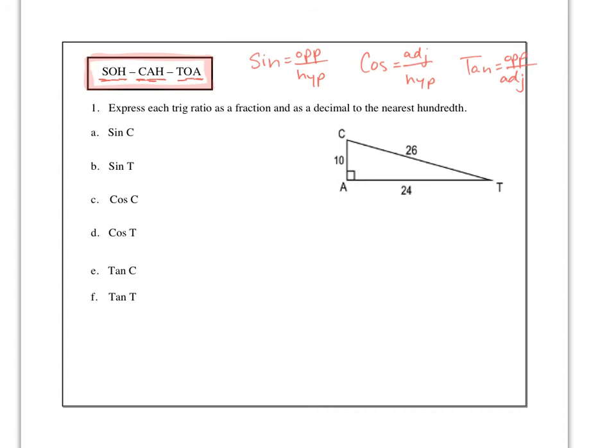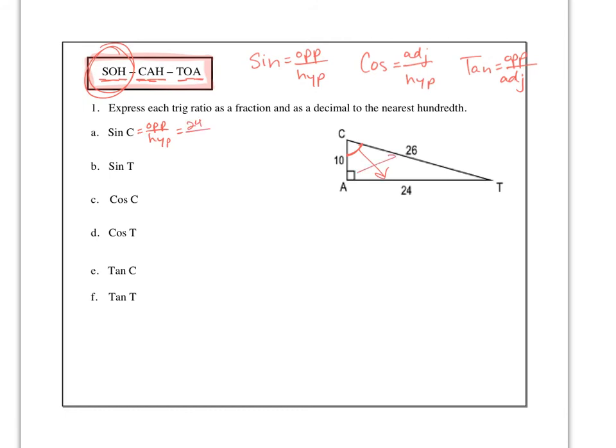So sine of C, go to angle C. Think about sine. Sine is SO. S stands for sine. So it's going to be opposite over hypotenuse. So opposite of C, 24.